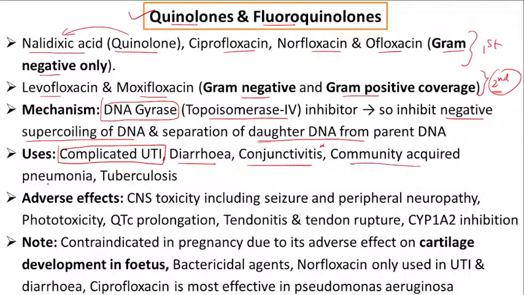Levofloxacin is another important, first-choice molecule which is used to treat pneumonia. The fluoroquinolones are also a second line choice of drug for treating tuberculosis, and they can be used in MDR TB or extensively resistant TB.